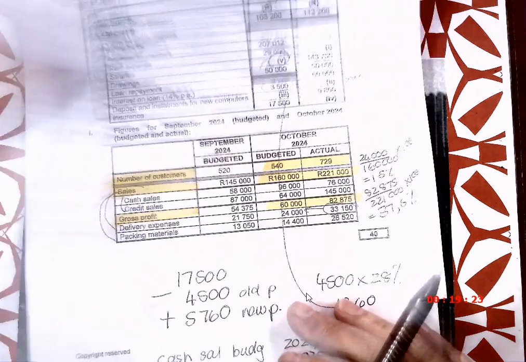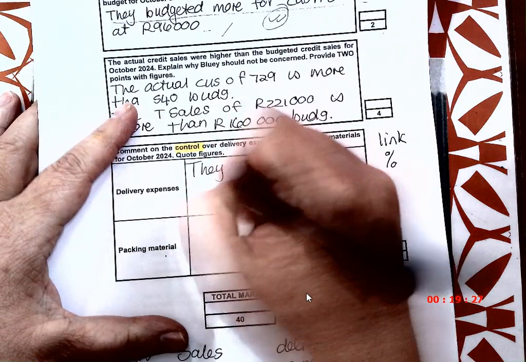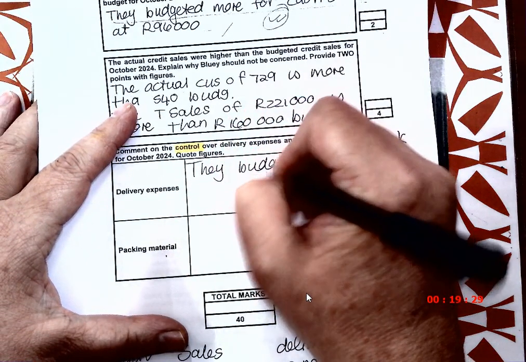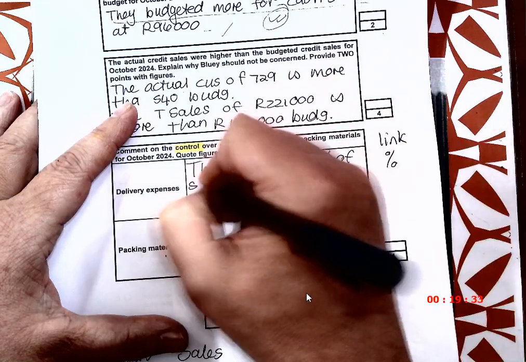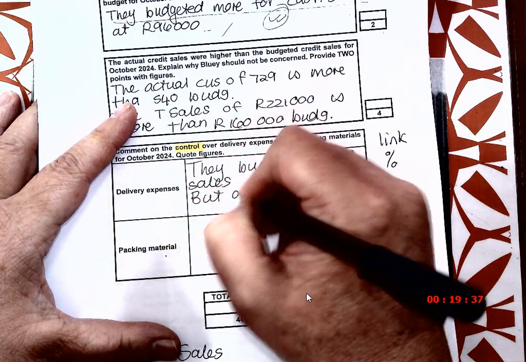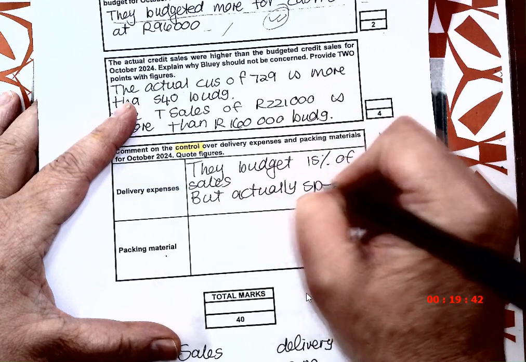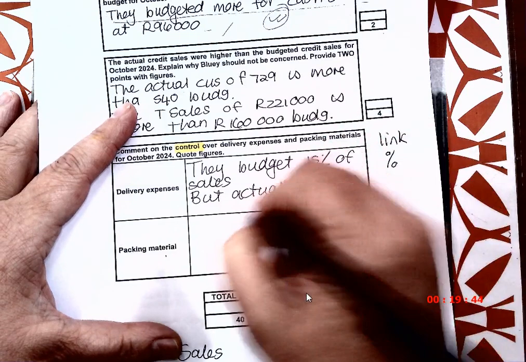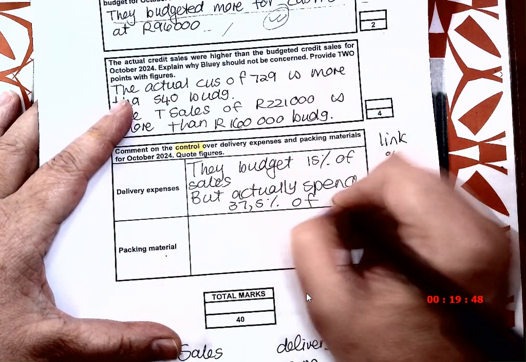So you say they budgeted 15% of sales, but actually spent 37.5% of sales. That's all they want to see.